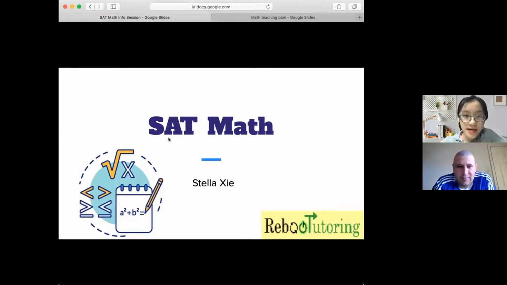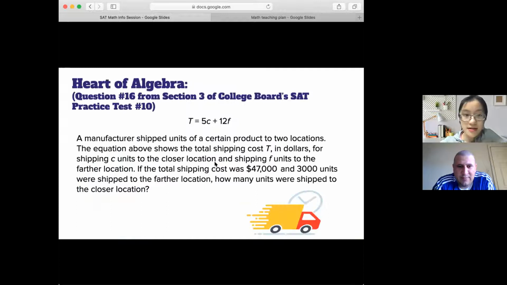Our first SAT math question is from Heart of Algebra. It's question number 16 from section 3 of College Board's SAT practice test number 10, for your own reference. The question is: a manufacturer shipped units of a certain product to 2 locations.